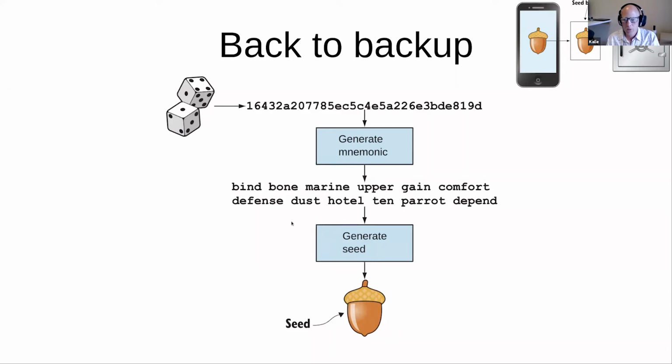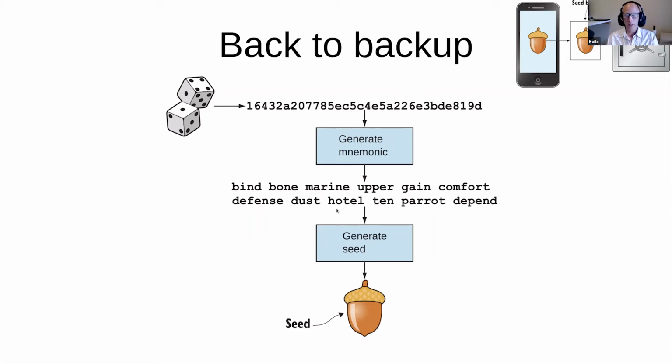And then from this, we get 12 words. In this case it's 12 words, but it could be more, it could be 24 words as well. In this example we have 12 words because we have 128 bits of entropy here.